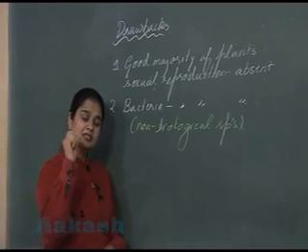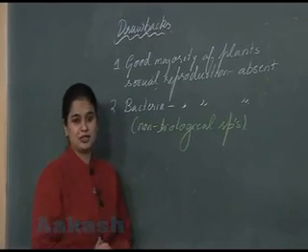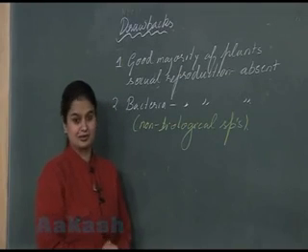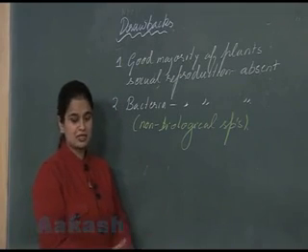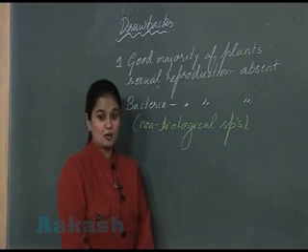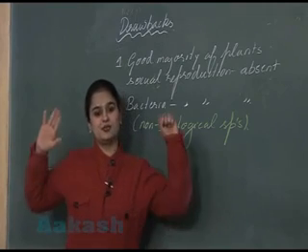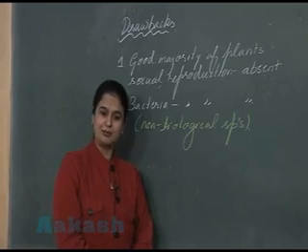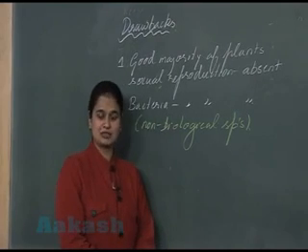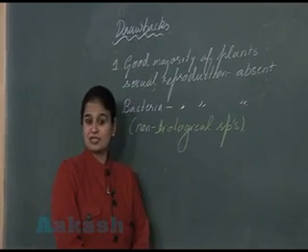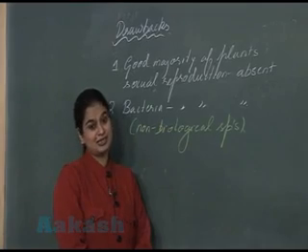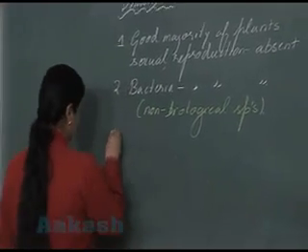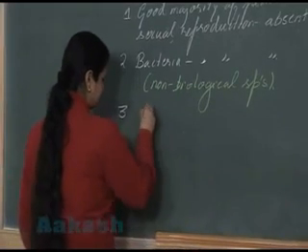Now, in some of the closely related species, sometimes interbreeding can be present. Just now I have explained, according to Ernest Mayr, between two different species, interbreeding is absent. But the limitation, the drawback, is that some different species which are closely related can show interbreeding.